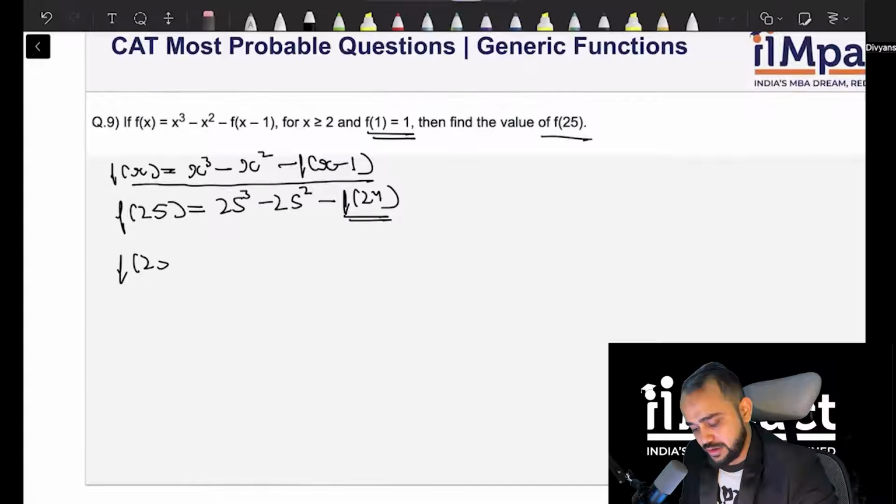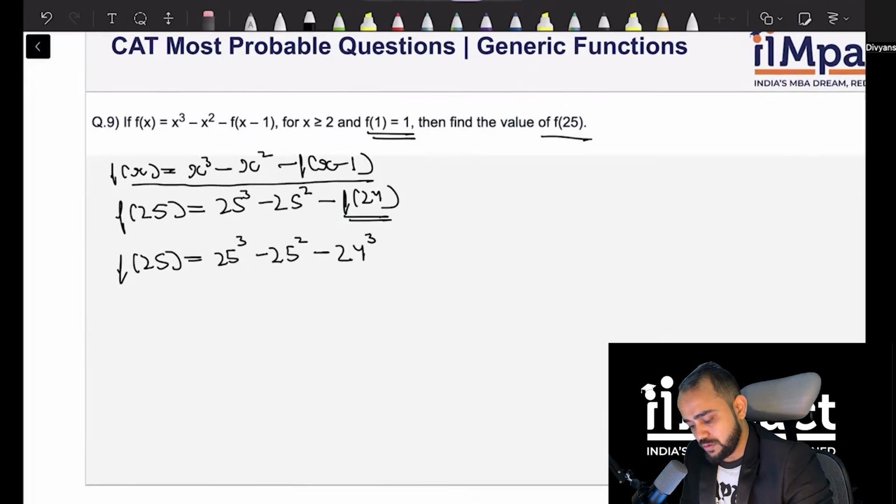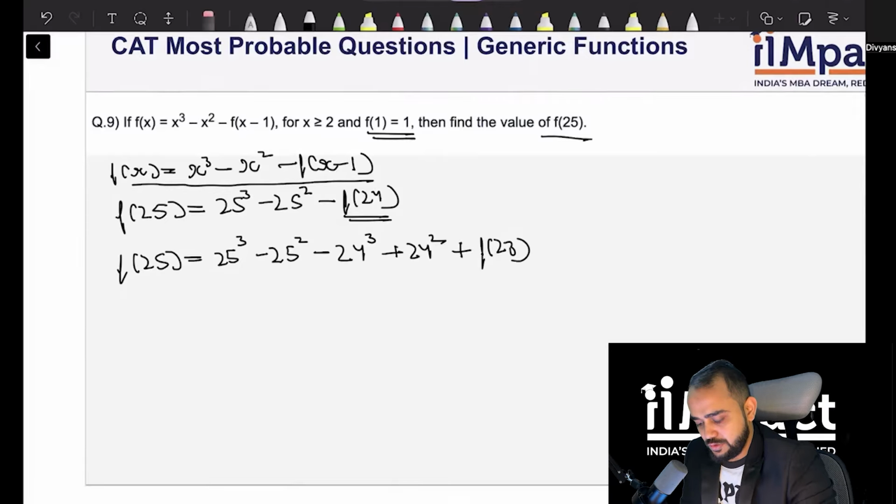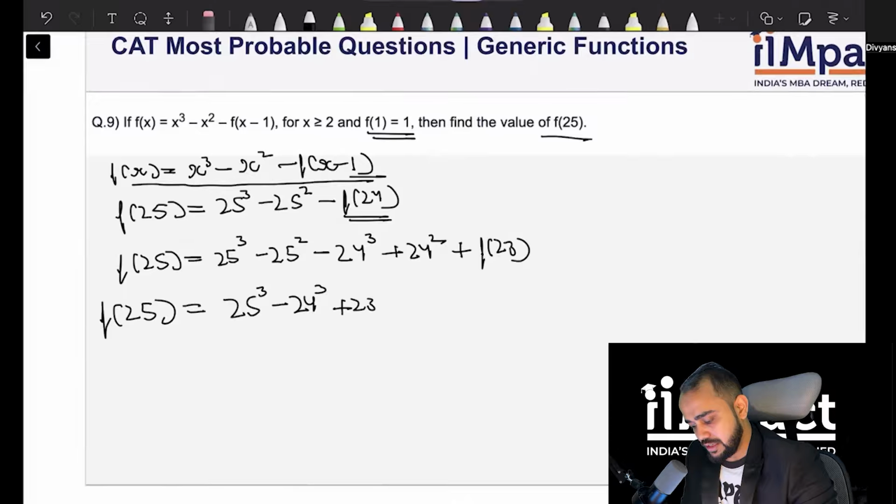I'll get f of 25 is equal to 25 cube minus 25 square minus 24 cube plus 24 square plus f of 23. Now again I can replace f of 23 using this iteration, and I will eventually land at f of 25 is equal to 25 cube minus 24 cube plus 23 cube minus 22 cube and so on till 2 cube.